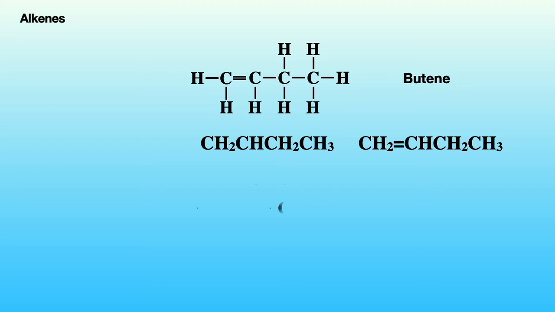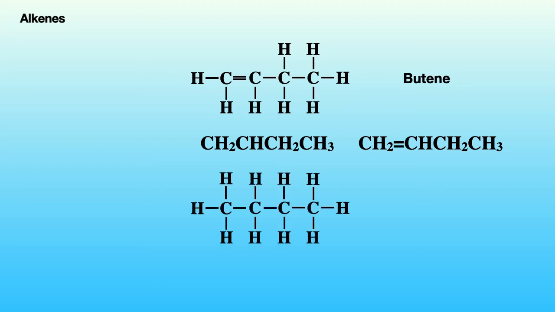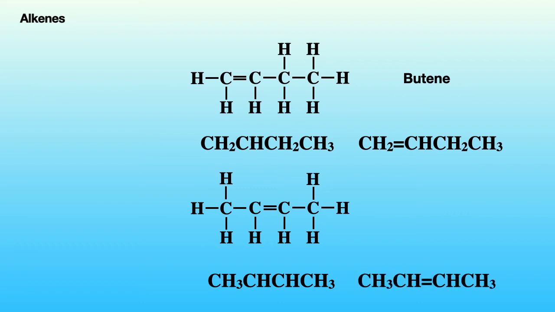Notice, by the way, the double bond doesn't have to be at the beginning. Suppose we'd started with butane and thrown those two hydrogens away. That means you need the double bond in the middle of the molecule. Now the shortened structural formula for that has two CH's in the middle and two CH3's at each end. If you want to put the double bond in, it looks like that.